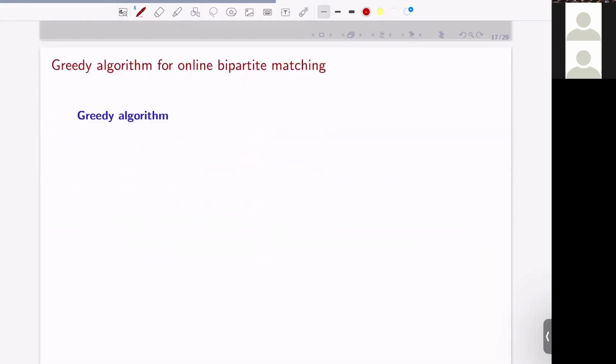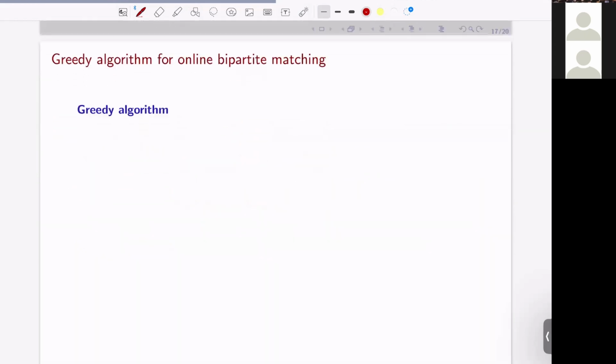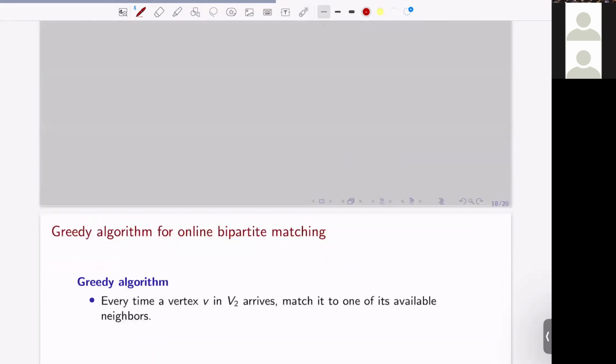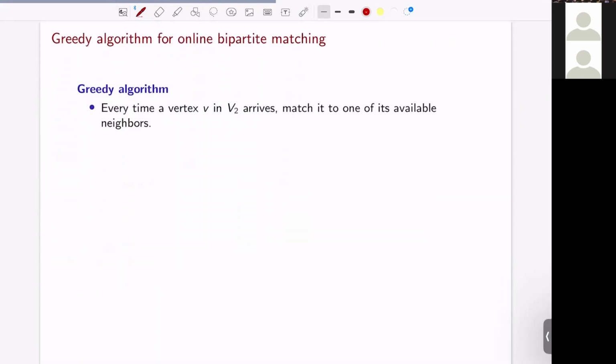So the first algorithm is the greedy algorithm. It's quite simple. Every time a vertex arrives, as long as it has an available neighbor from V1 that is unmatched, I make the connection.